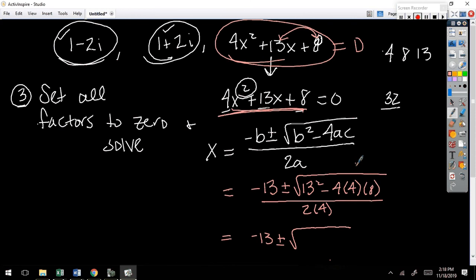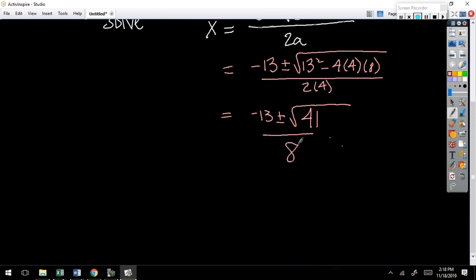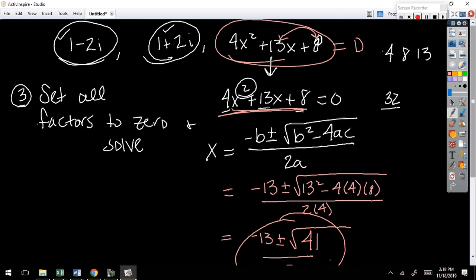Once you get it factored down, set equal to 0, then you continue solving for your pieces and continue to find those zeros. So if I needed to write these by the zeros, this one would be negative 13 plus the square root of 41 over 8 and negative 13 minus the square root of 41 over 8.